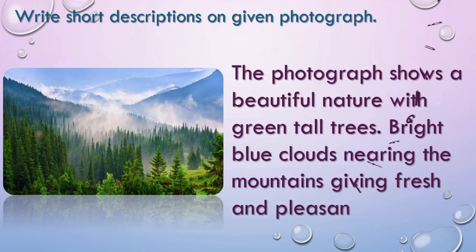Okay, bright blue clouds nearing the mountains, giving a fresh and pleasant feeling. Yes, can you imagine which sensory organs we have used here? Yes, it is showing colors, shape, size, right? Okay, and what about the freshness and pleasant feeling? You decide which sensory organs we have used here.